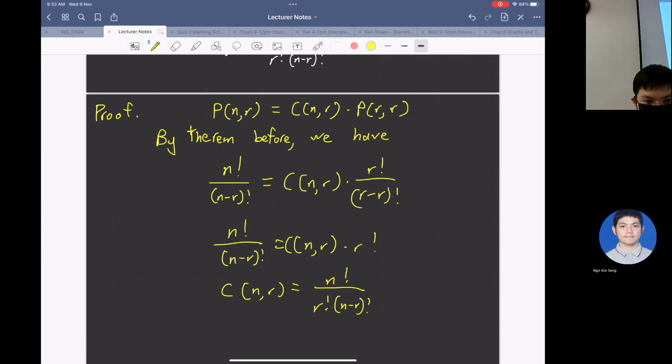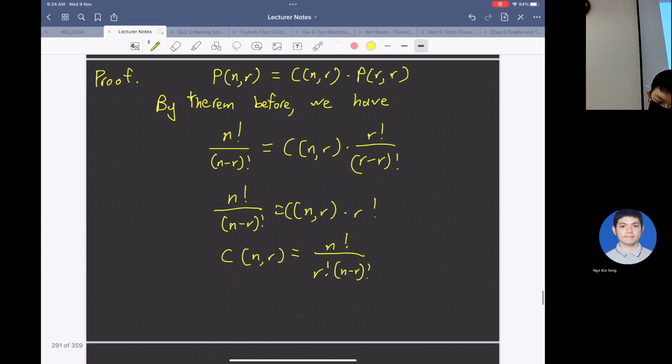So this is how the formula comes from. From here, we can actually see some property of this set of numbers. Maybe I do a remark first.